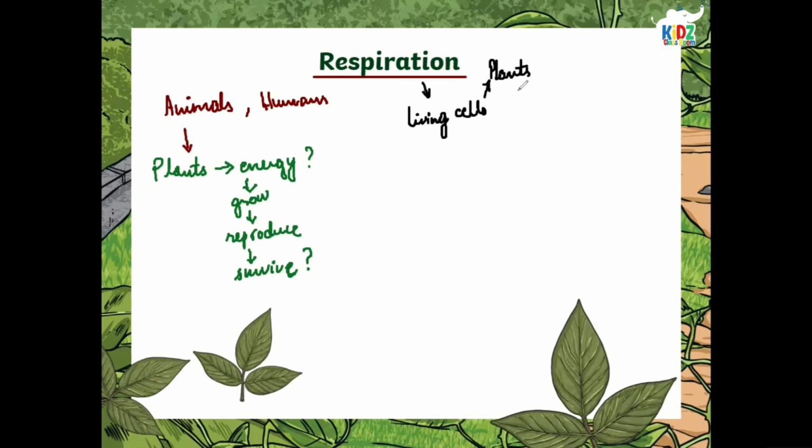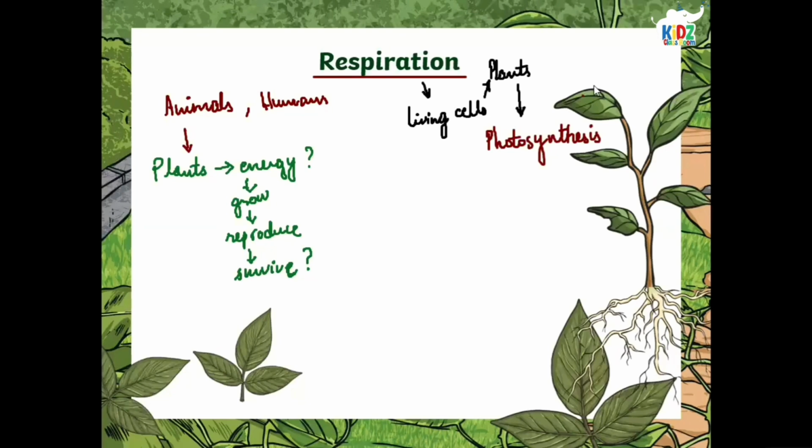As we learned before, plants make their own food. How? By the process of photosynthesis. So they use respiration to convert the food they made into energy. This is a bit different from photosynthesis, where plants make food using sunlight, but now it's time to convert this food into energy. So here is a diagram of a plant.